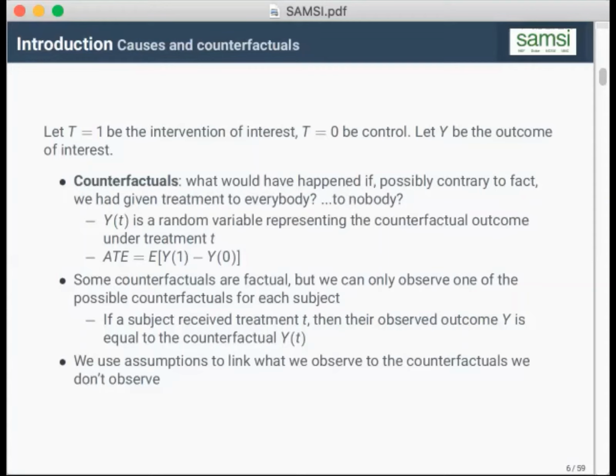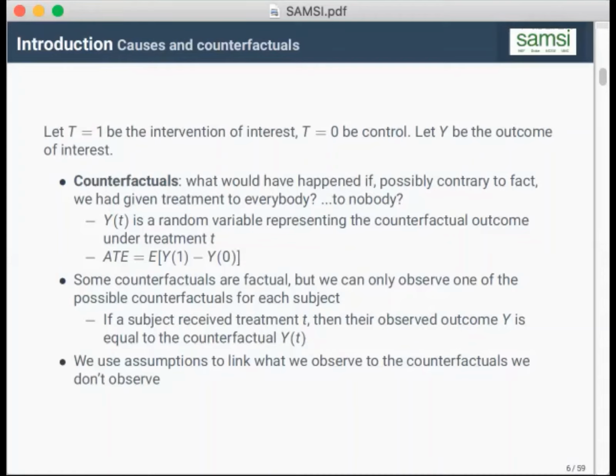So Y(t) is a counterfactual or a potential outcome that is the random variable describing what would have happened to Y had treatment been set to little t. Potential outcomes are sometimes denoted with a subscript, so Y subscript t, but in this talk we'll do Y(t). And the causal effects are comprised of counterfactuals.